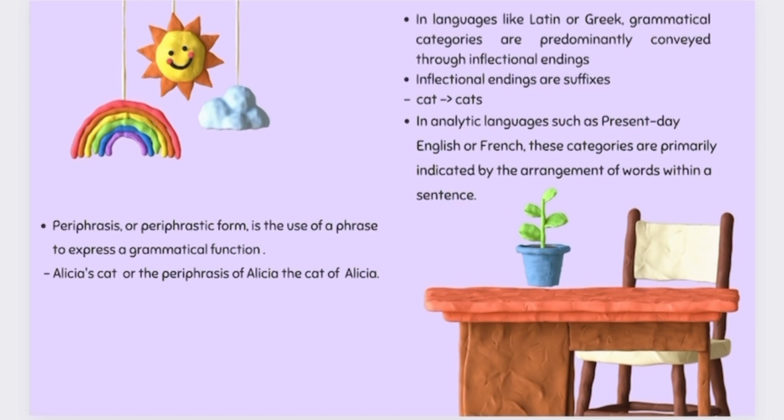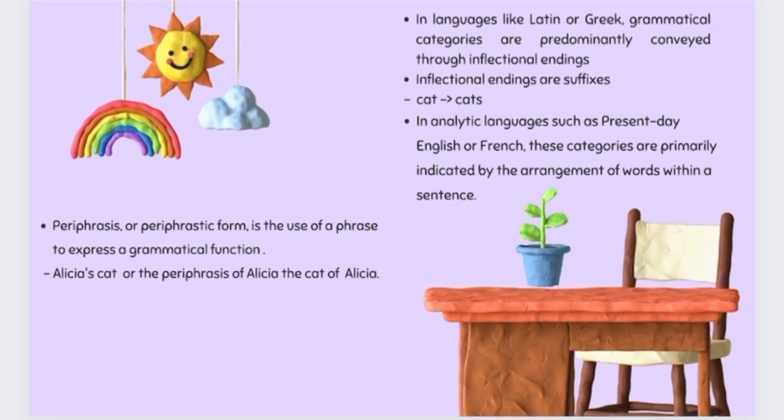In terms of meaning, grammatical morphemes convey linguistic concepts like quantity or time, which are referred to as grammatical categories. In languages like Latin or Greek, grammatical categories are predominantly conveyed through inflectional endings.